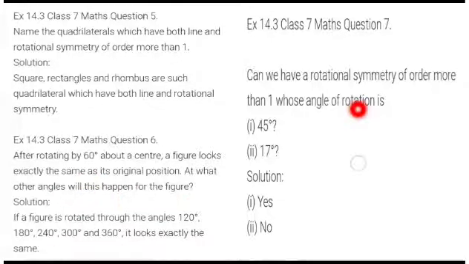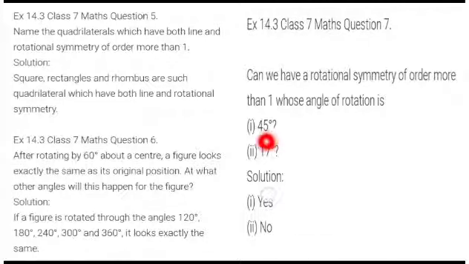The last question is number 7, students. Can we have a rotational symmetry of order more than 1 for these angles? See, for 45 and for 17. So what you are going to do is divide 360 by 45. If you get a whole number as an answer, meaning the division is possible without the decimal point, then yes, it is possible. And if you get a decimal point while doing the long division method, then we will say no, it is not possible.